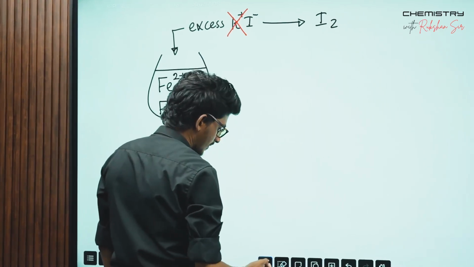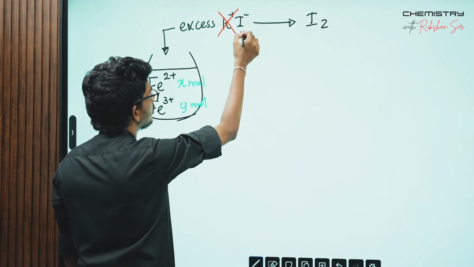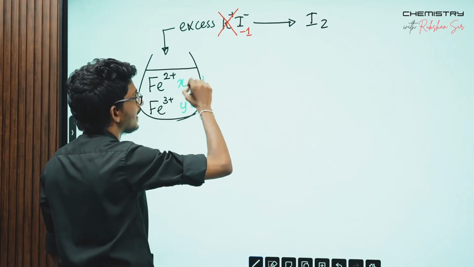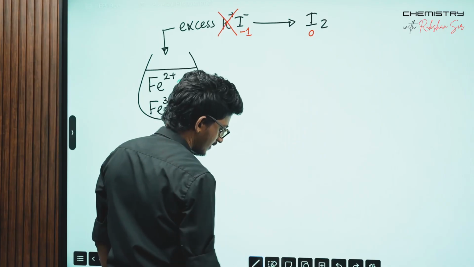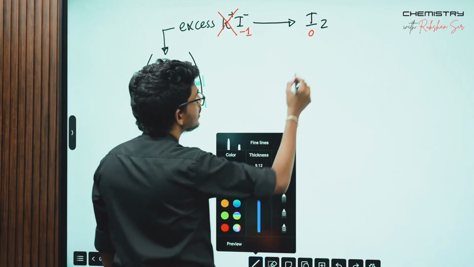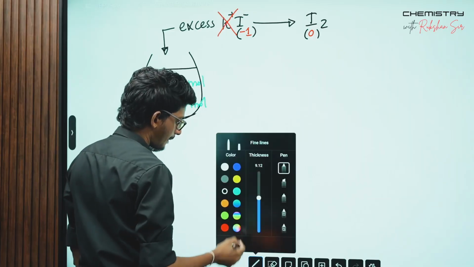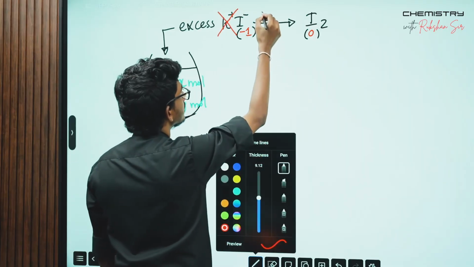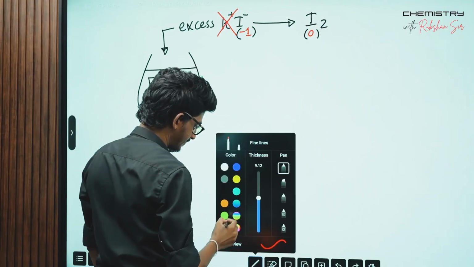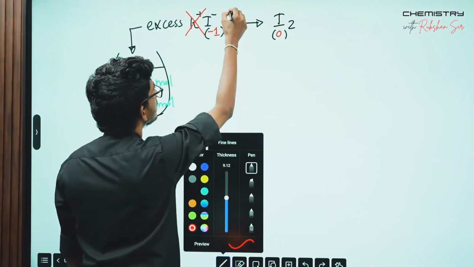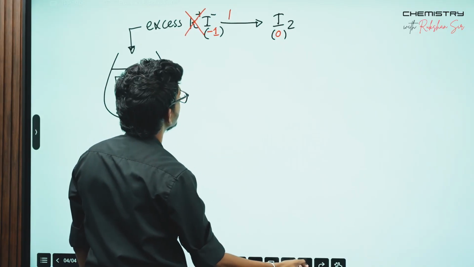So in this case, the minus 1 oxidation state of iodine converted to 0 oxidation state. So it is kind of a reduction. Sorry, it's kind of an oxidation. Sorry for that.